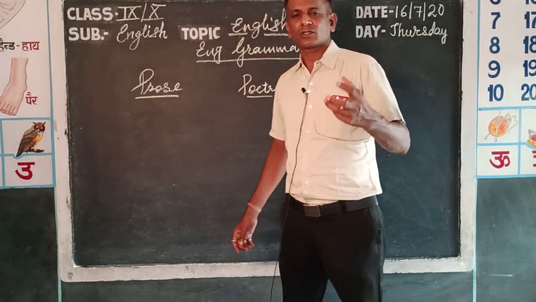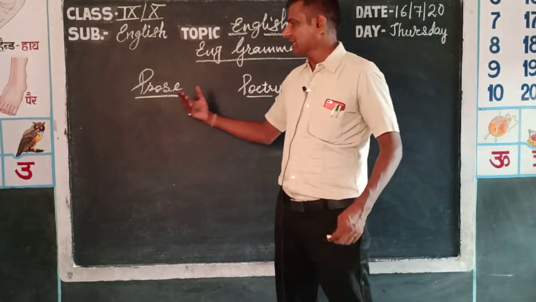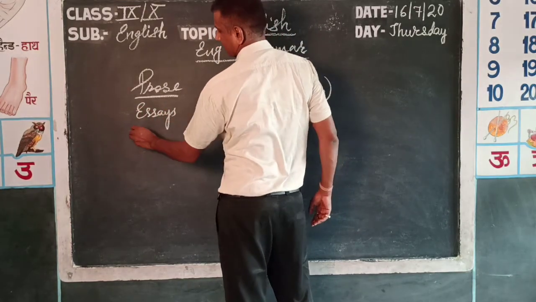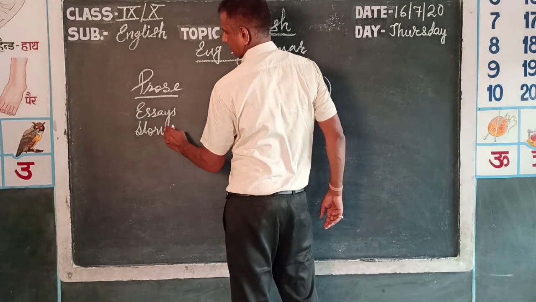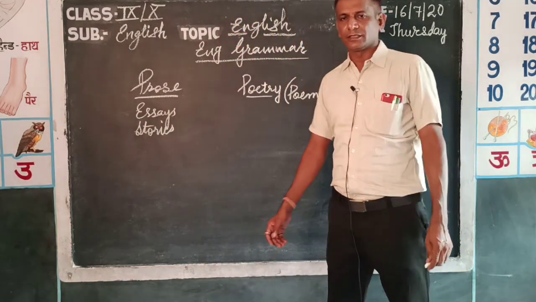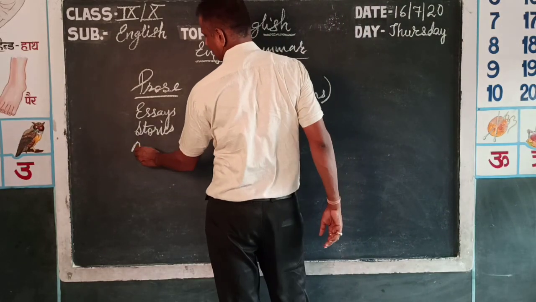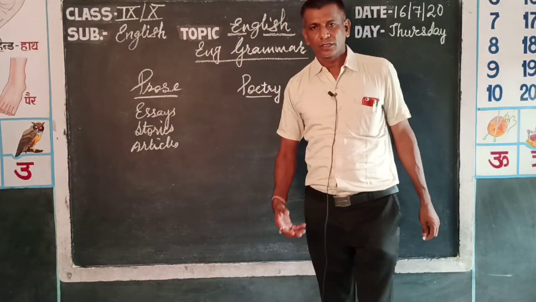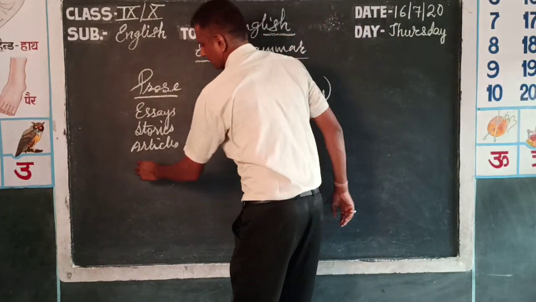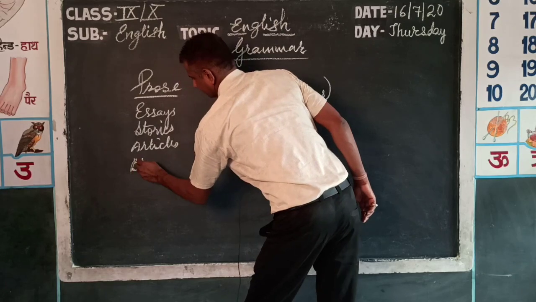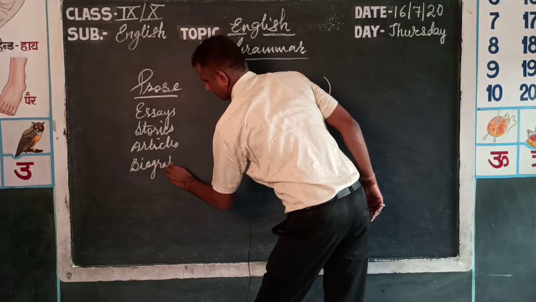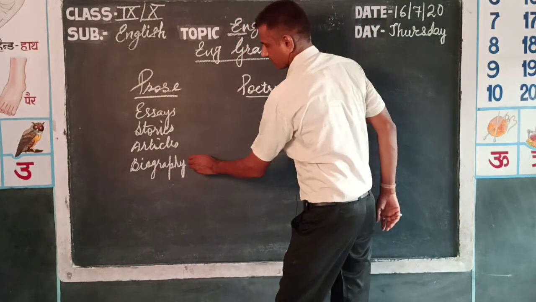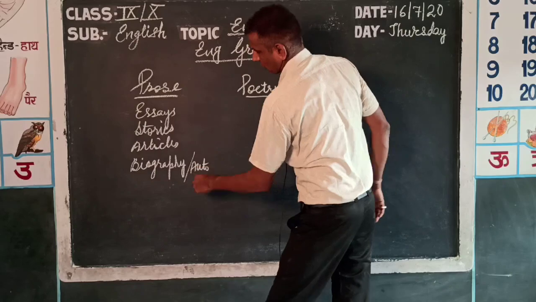In the prose part, what we include, like you have some essays, some stories, and you can say some articles, or you can add some biographies, some biography or autobiography.